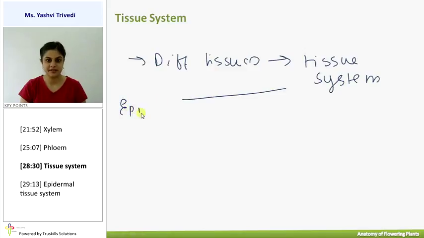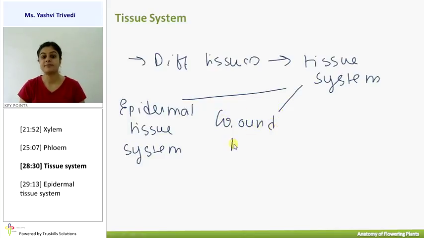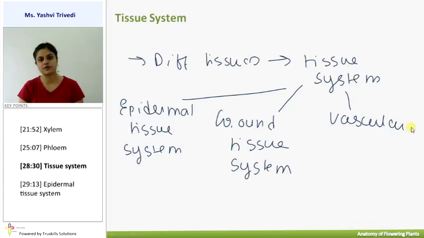First is epidermal tissue system, which is mainly present in the external areas of the plant. Then ground tissue system, which forms the main body of the plant. And the third is vascular tissue system, which mainly acts for conduction.